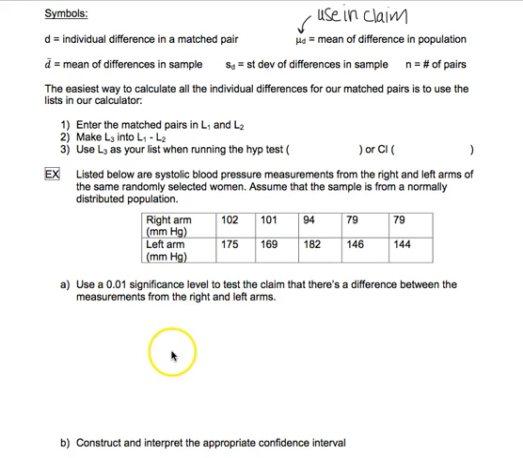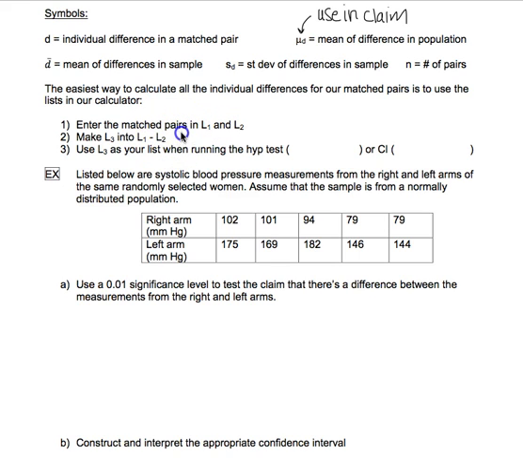Also, if we have the calculator do this for us, that's going to cut down on our possibility of making careless errors. So we are going to use the lists in our calculator. We're going to enter the matched pairs into list 1 and list 2, and we're going to make list 3 into L1 minus L2.